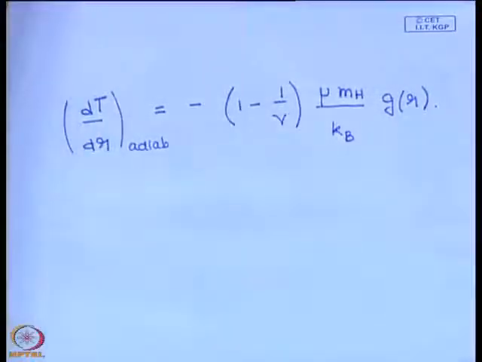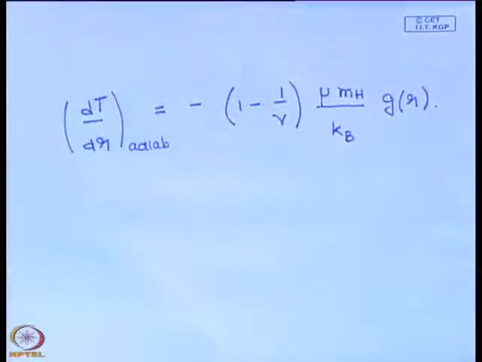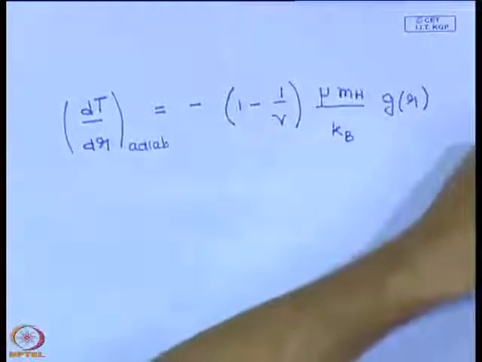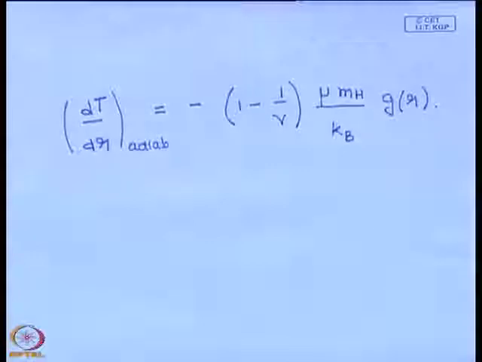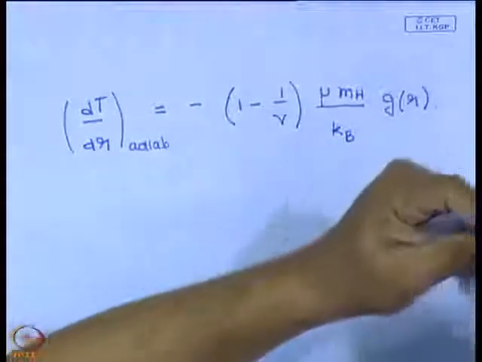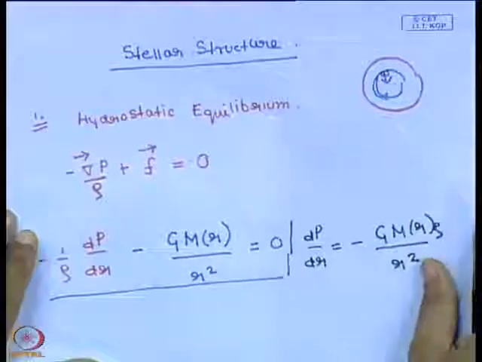Okay. So we have now obtained the 4 equations that have to be solved to determine the structure of a star, and these 4 equations, let me show them to you once more, the equations that we have to simultaneously solve. So the first equation is the equation of hydrostatic equilibrium.